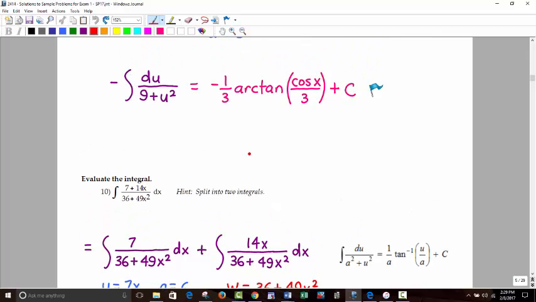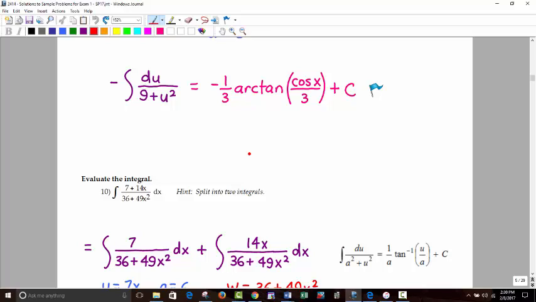Now this next one's kind of interesting. When you see a couple of terms in the numerator like that, most likely, I hate to say 100% of the time, but at least as far as me asking a test question, you're going to split it in 2 integrals.